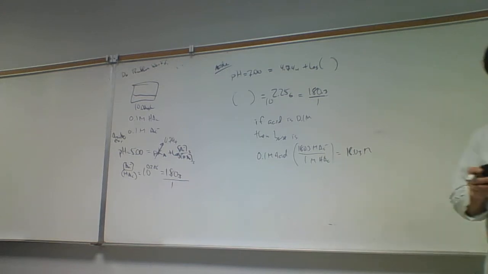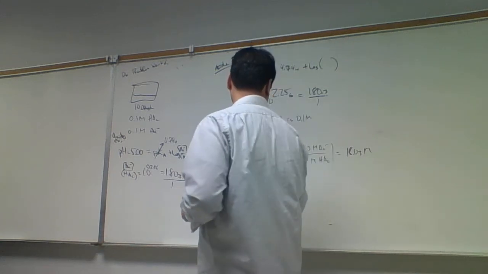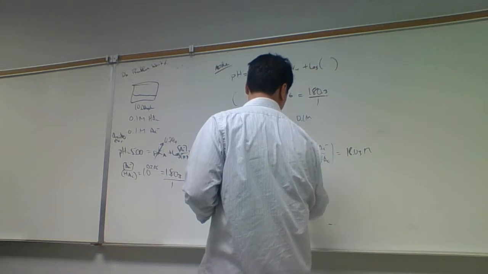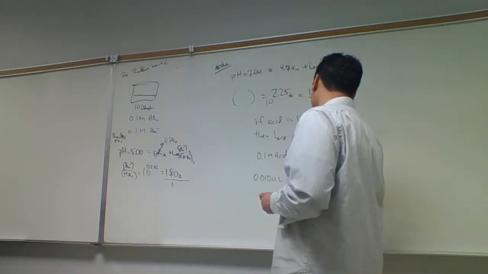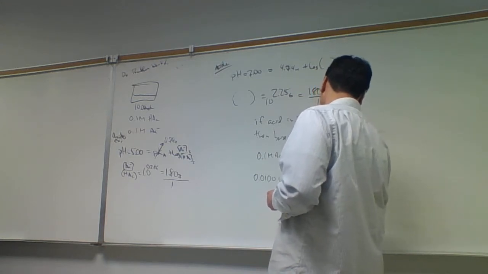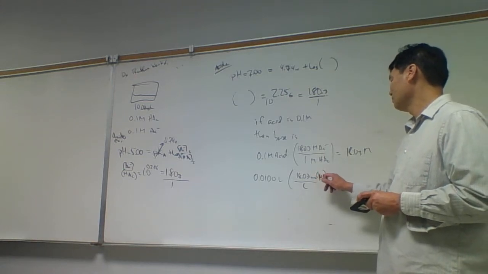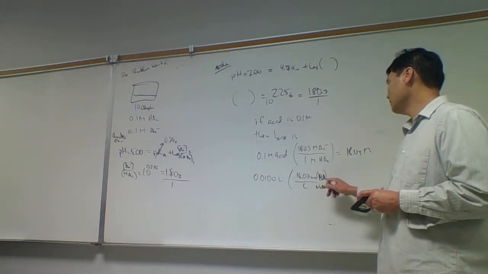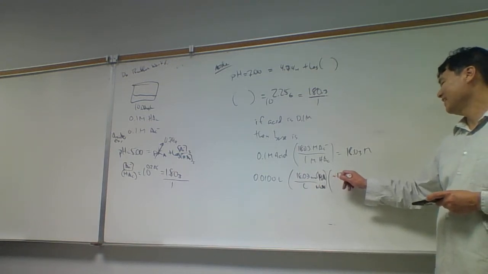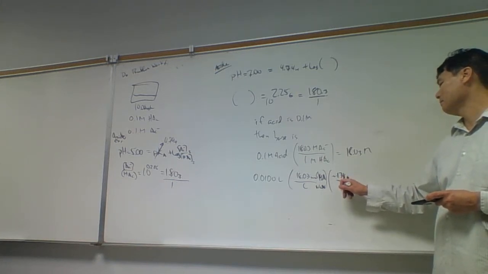And so, okay, this is 10 milliliters. 10 milliliters is going to be 0.0100 liters times 18.03 moles per liter of base, sodium acetate. The sodium acetate we're using was the trihydrate, which is about 138 grams per mole.